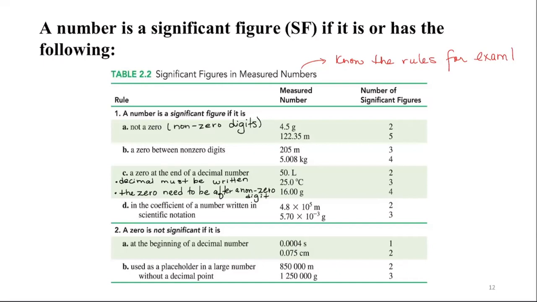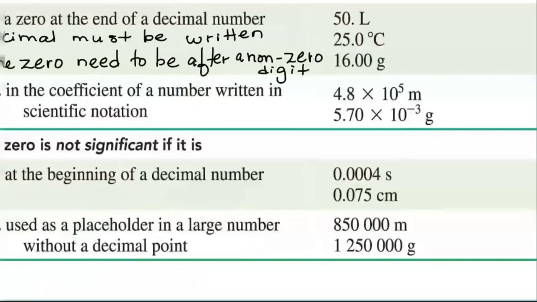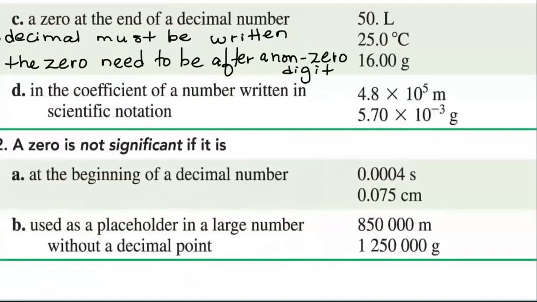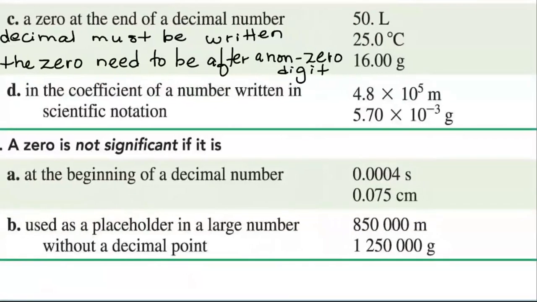Let me just zoom in. Give me a moment, because I don't see the screen zooming in. Excellent, now it did. So these zeros right here are what we call placeholders.